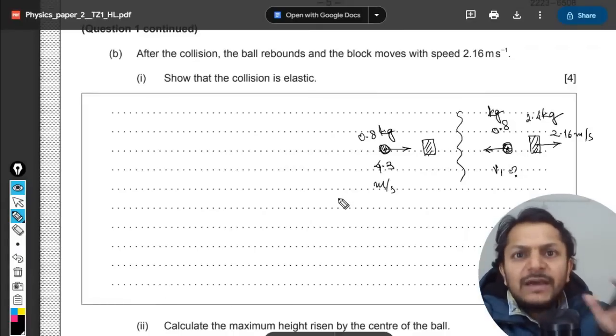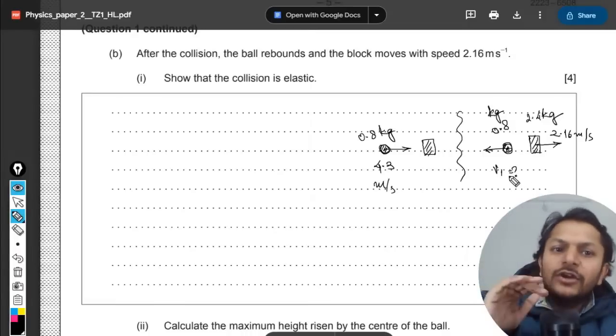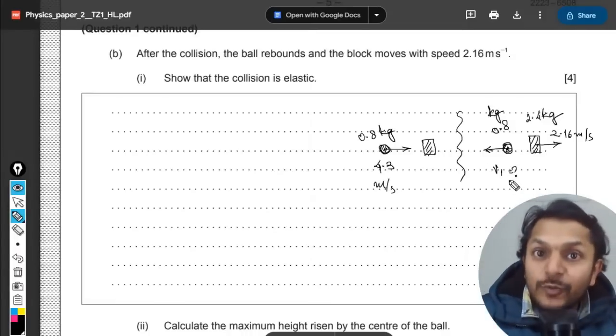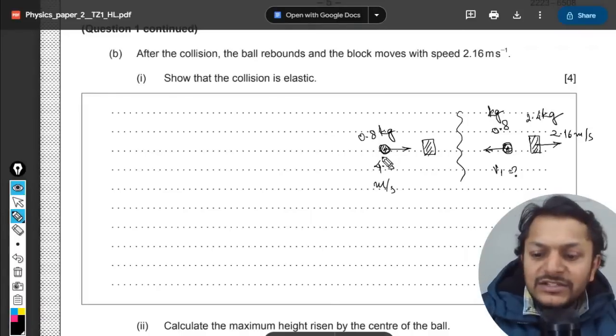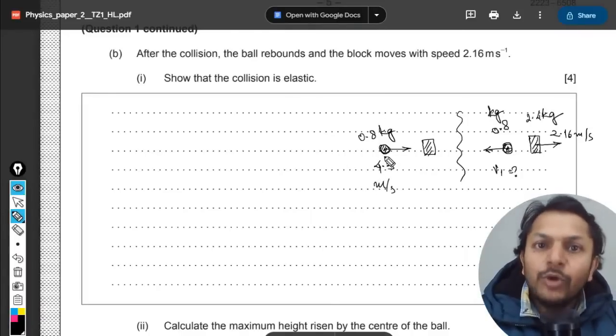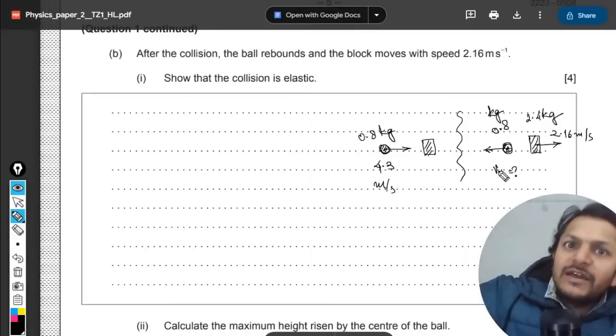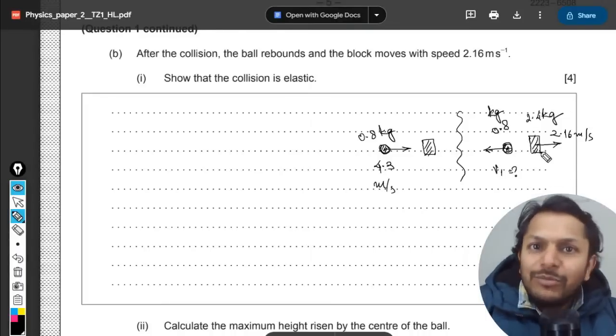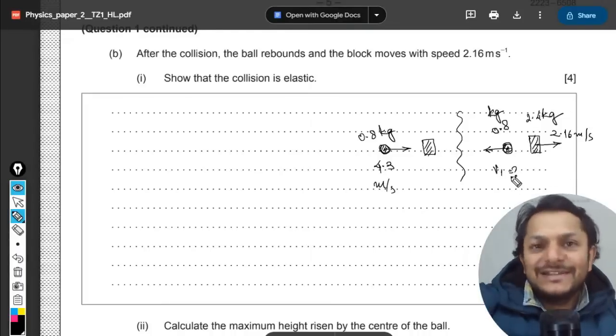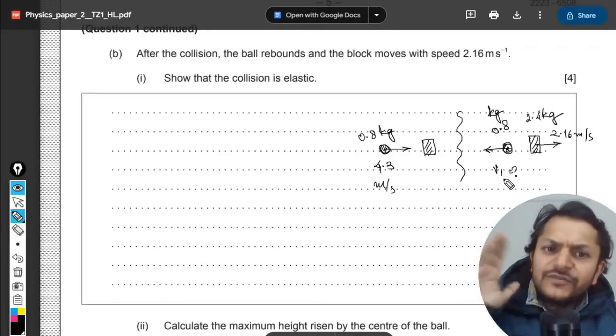Why is it not equal to 4.3? Because if it were equal to 4.3, it means that all of the kinetic energy which was earlier with the ball is taken away by the ball, and no energy is given to the block. Obviously this velocity has to be lesser than 4.3. So we have to first find it.